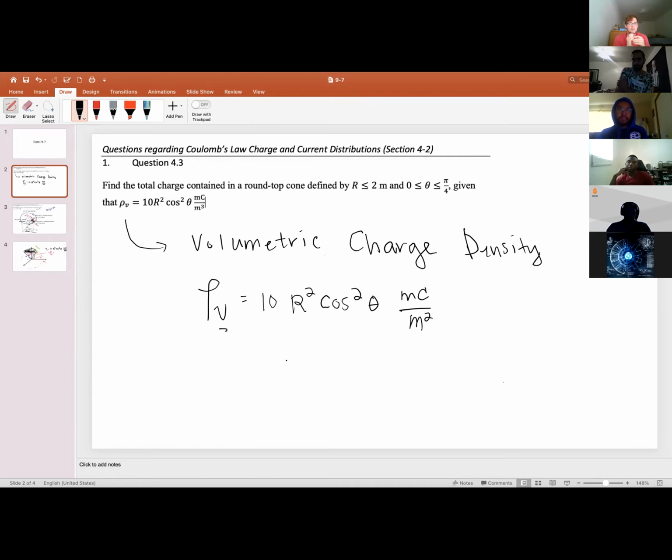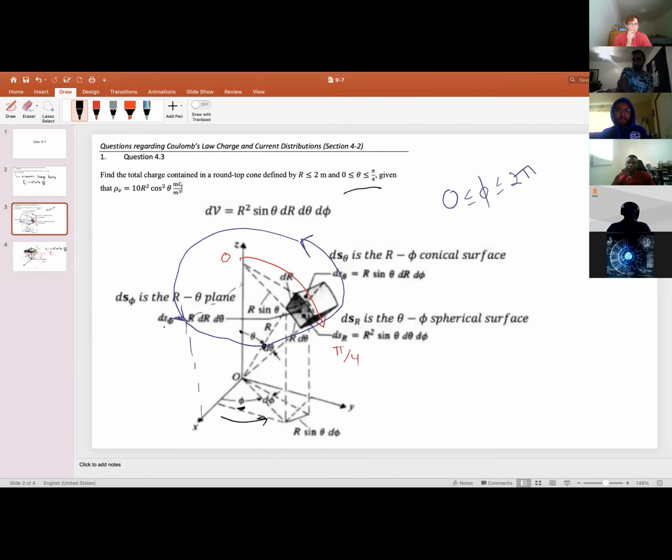Okay, this is going to be a triple integral, and it's a volume integral. So we're going to need to integrate over the whole volume of the cone. That's going to be a triple integral because there are 3 different directions: radius, theta, and phi. So we'll need to do an integral for each one of those directions.